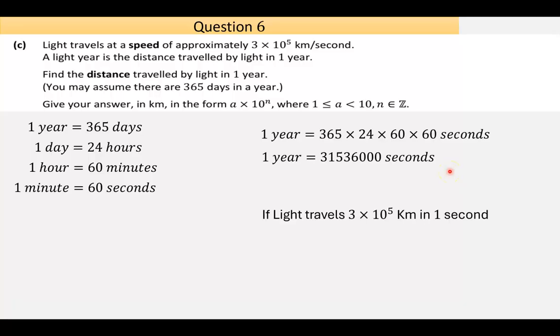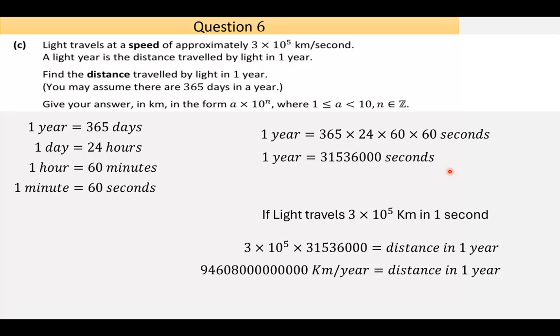So if they tell me that light travels 3 by 10 to the 5 kilometers in 1 second, that's the same thing as 300,000 kilometers per second. Now I'm going to multiply that 3 by 10 to the 5 by the number of seconds, and that will tell me how many kilometers it travels in 1 year, which is a massive number.